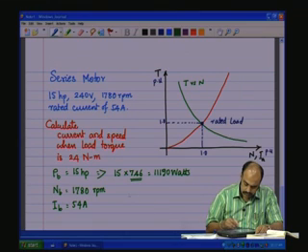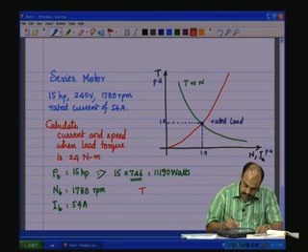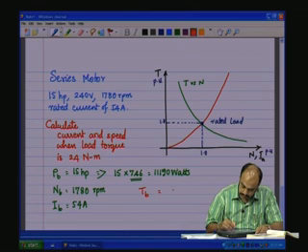Now, the base torque is given by the relation which we worked out before: base power divided by speed in radians.